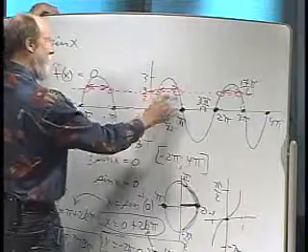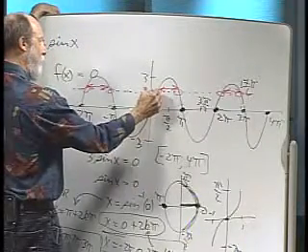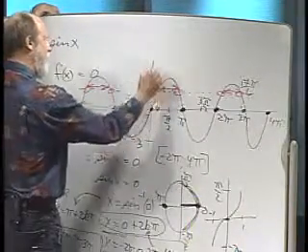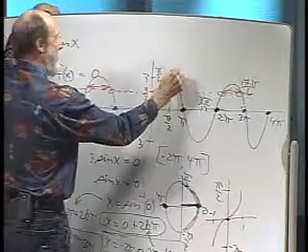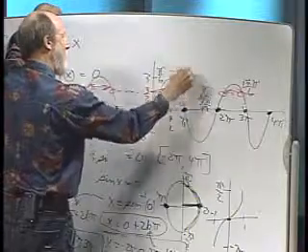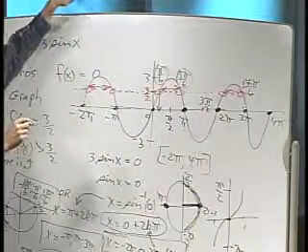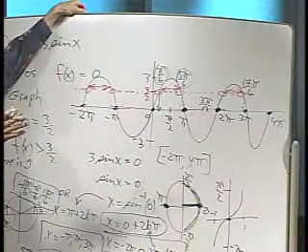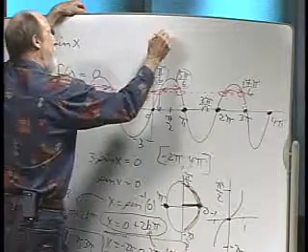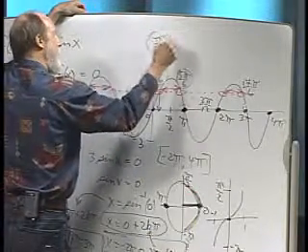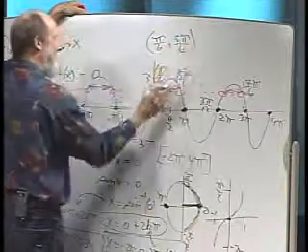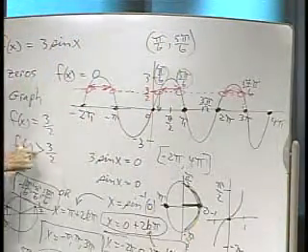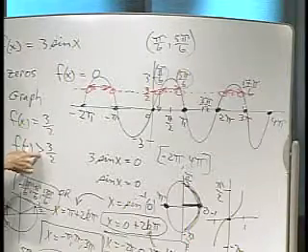So if I took these 2 locations right here, this one is going to be at pi over 6, isn't it? And this other one's going to be at 5 pi over 6. And that's an interval, isn't it? So we have an interval between, notice this is an open interval, because it says where is it greater than, not greater than or equal to, greater than.